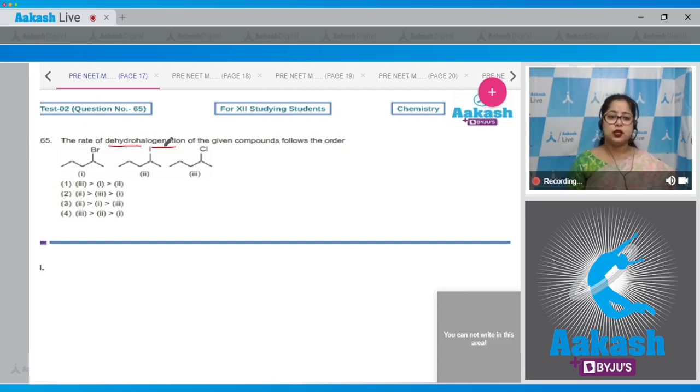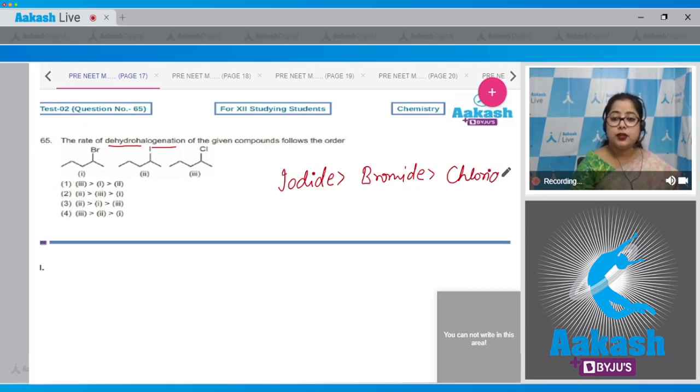Now let us compare the rate of these compounds towards dehydrohalogenation. Student, here we can see that the carbon chain is the same. Only the halides differ. We are given chloride, iodide and bromide. Students, for identical carbon chain, the rate of dehydrohalogenation follows the order iodide, that is I⁻, followed by bromide, further followed by chloride, as the leaving tendencies of halide ions follow the same order.